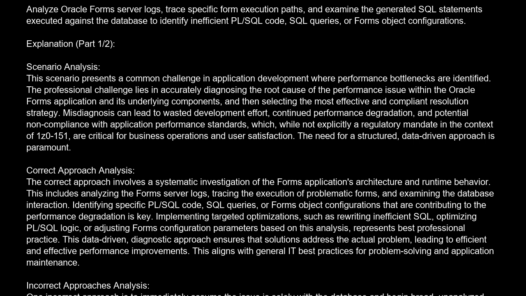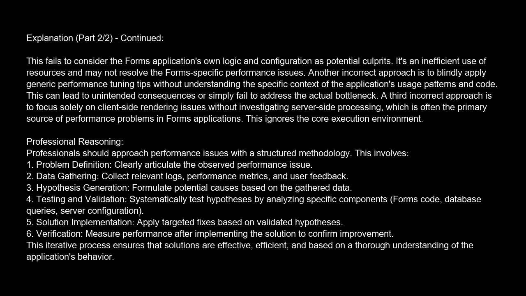Incorrect approaches analysis. One incorrect approach is to immediately assume the issue is solely with the database and begin broad, unanalyzed database tuning efforts. This fails to consider the Forms application's own logic and configuration as potential culprits. It's an inefficient use of resources and may not resolve the form-specific performance issues.